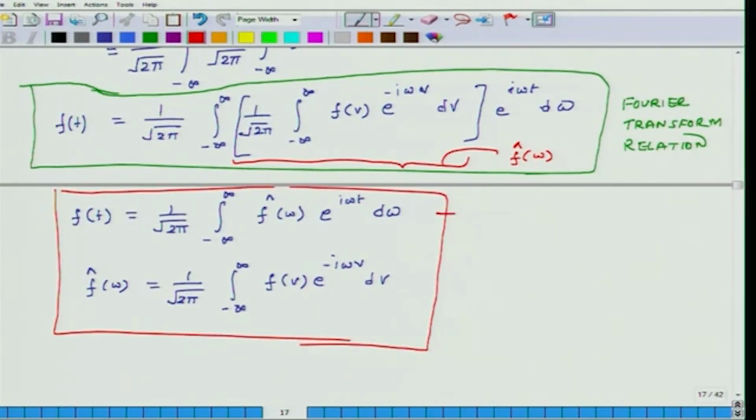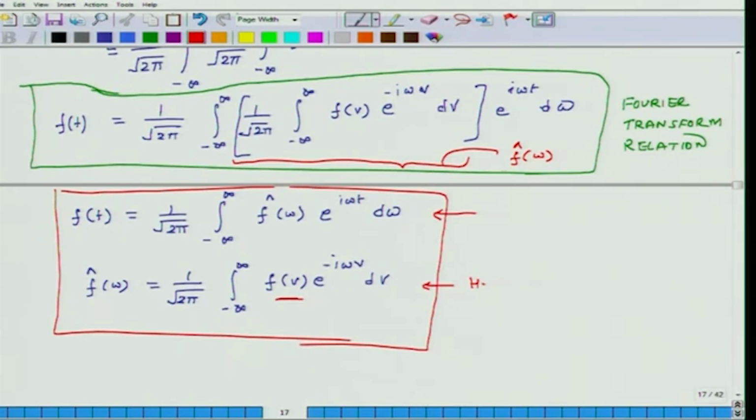So what does this first relation tell us? Actually, we'll first look at the second relation, that if I have a function of time, okay, v could be time. If I have a function of time, I can convert it into the frequency domain using this relation for f hat.